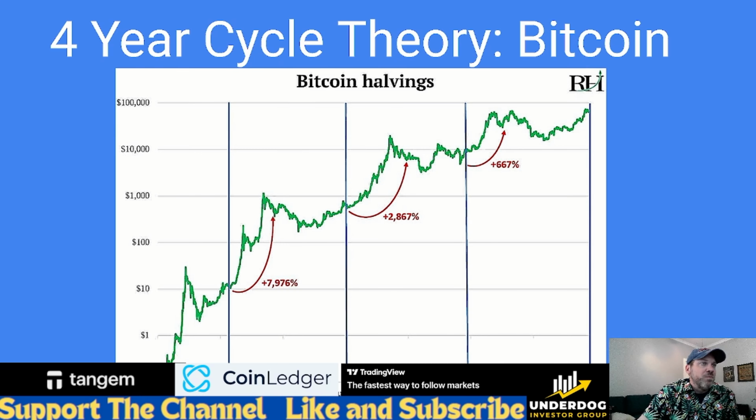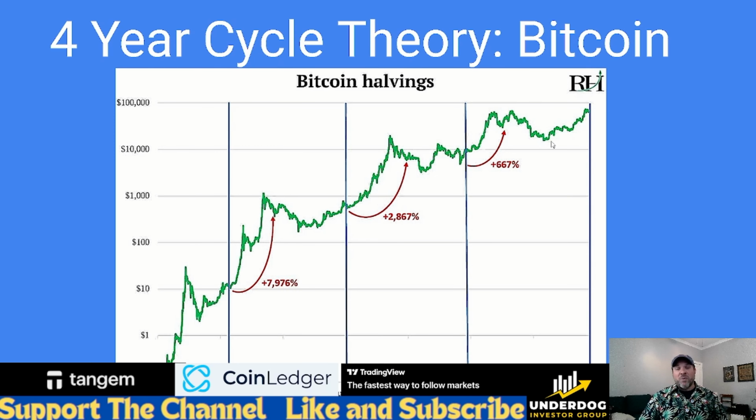Our third bear market, the one that I got to experience, the bottom was right here. And that was, gosh, right around July 18th. And then finally, we don't know yet because we're still in the 4th cycle right now.